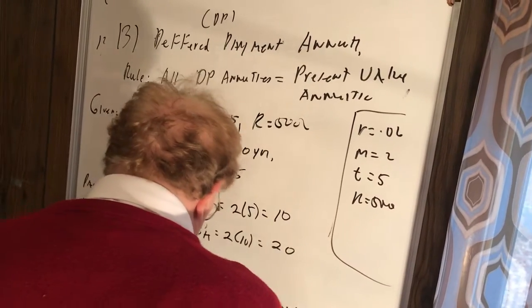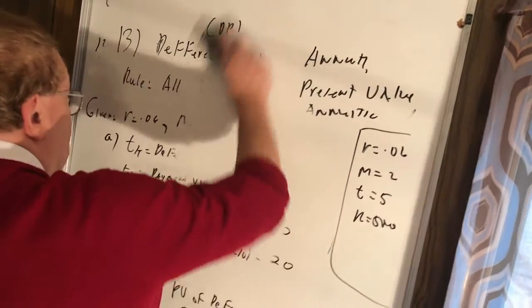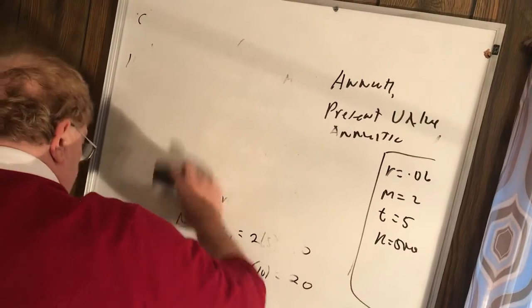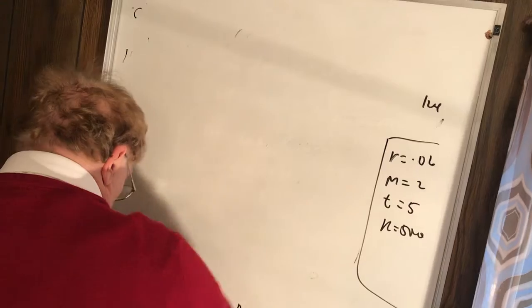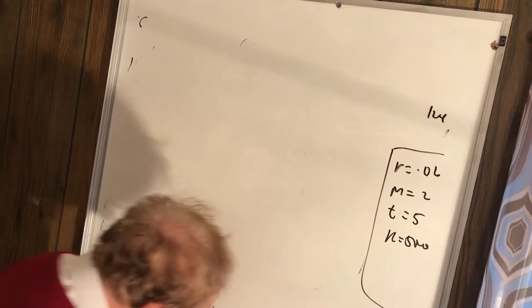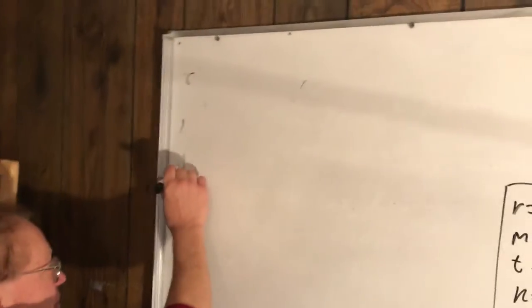So let's see what we're doing now. We're trying to find A 10|20.